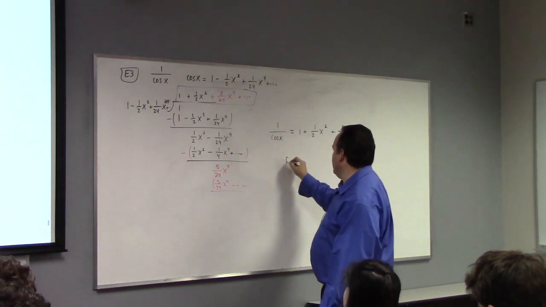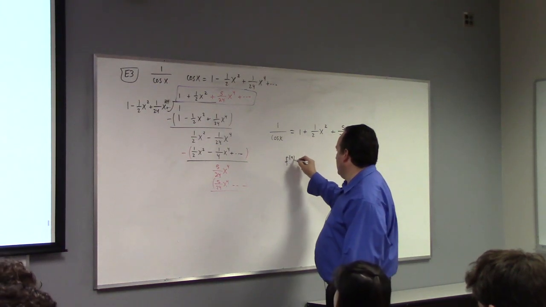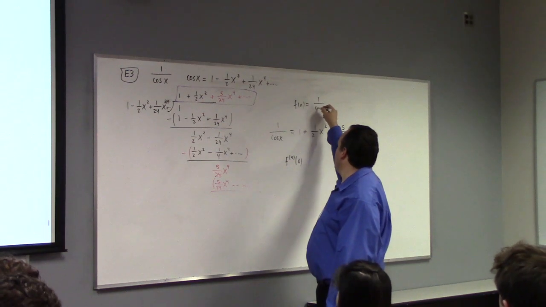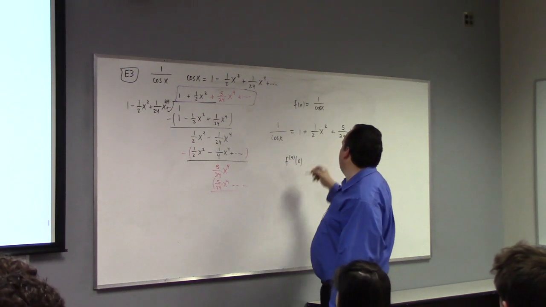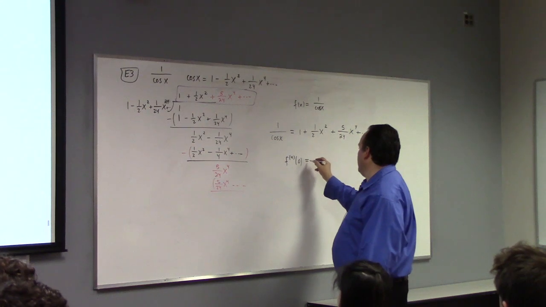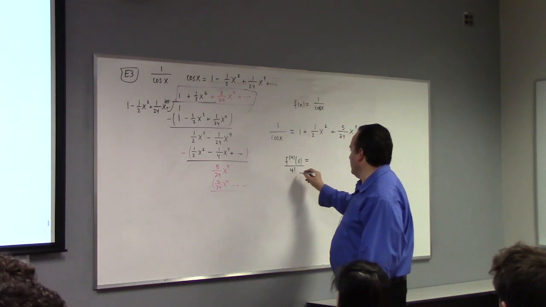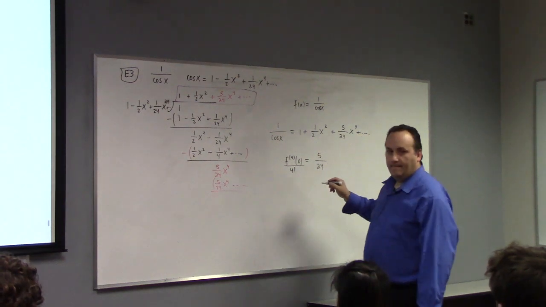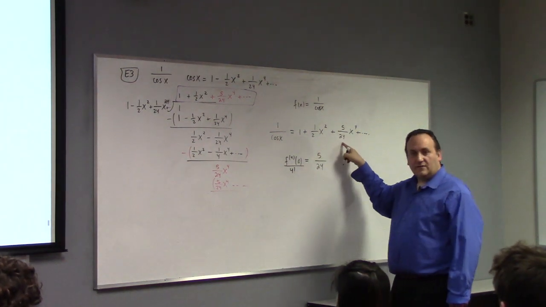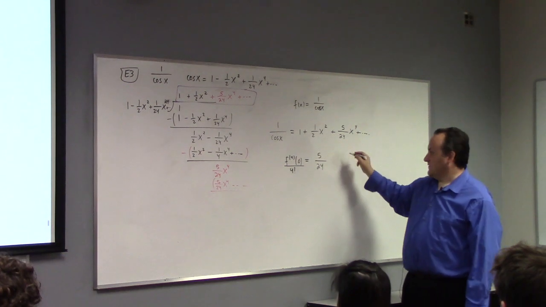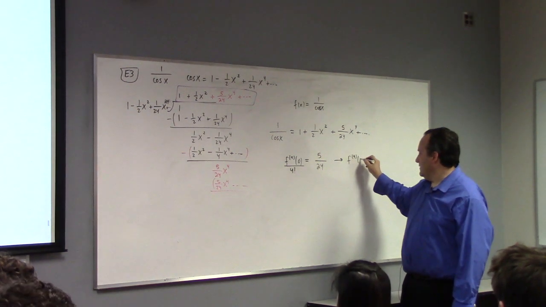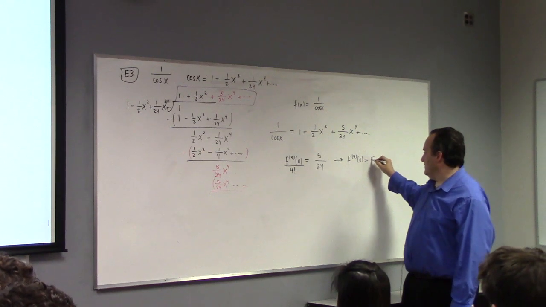Fun fact: what is the 4th derivative at 0 if I let f of x equal 1 over cosine x? Well, the 4th derivative divided by 4 factorial would be 5 over 24, because that's the coefficient next to x to the 4th. So the fourth derivative at 0 for this function is in fact equal to 5.